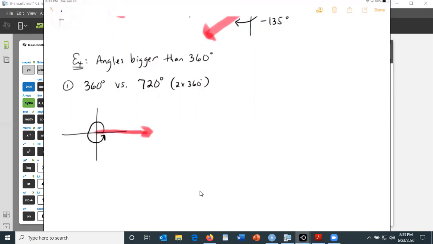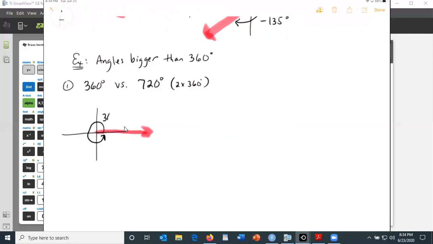And notice I don't have to draw a second side because the starting side and the terminal side overlap in this problem. So 360 degrees just represents that the angle goes all the way around once. What does 720 represent? That would represent the angle rotating not once, but 2 times around.